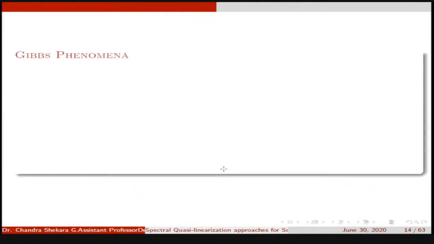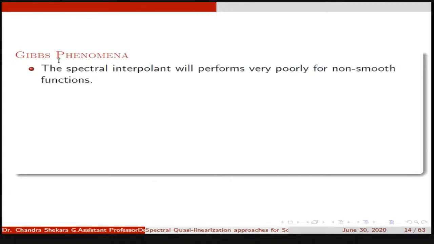Why we require this type of discretization is because of the following phenomena. The first phenomenon is called the Gibbs phenomenon. Whenever we are doing interpolation using spectral functions like cosines and sines, or Fourier coefficients, this will perform very poorly for non-smooth functions. Whenever we have discontinuous functions, spectral interpolants with cosines and sines will perform very poorly.